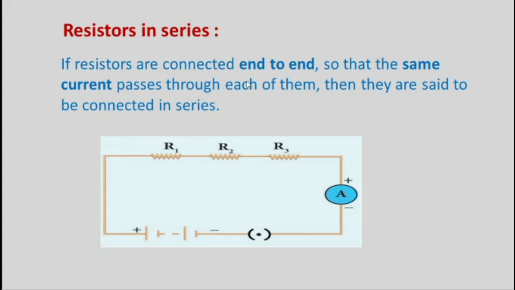They are connected end to end, so that the same current, the same I, passes through each of them. Then they are said to be connected in series. For example, if 5 ampere flows in the circuit, it means 5 ampere flows in R1, R2 and R3. So the same I value passes, and the ammeter gives the correct reading to denote the particular value of the current in the circuit.